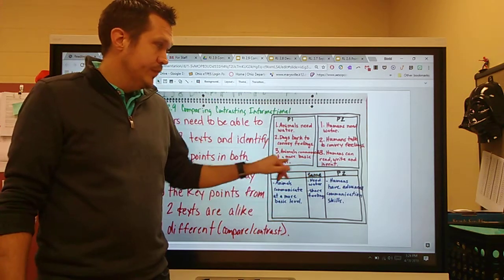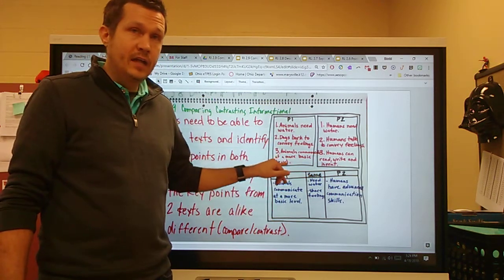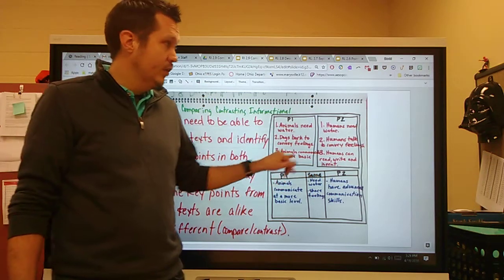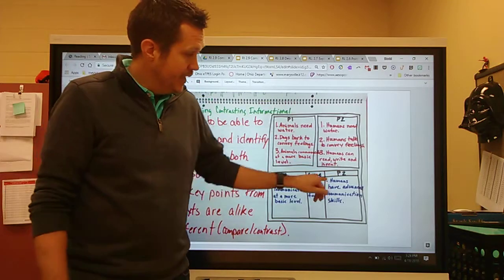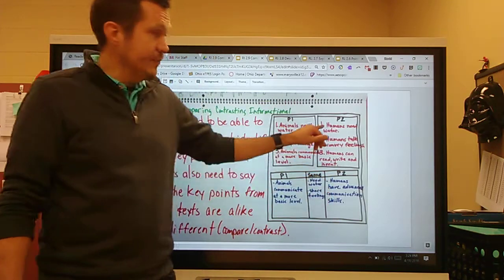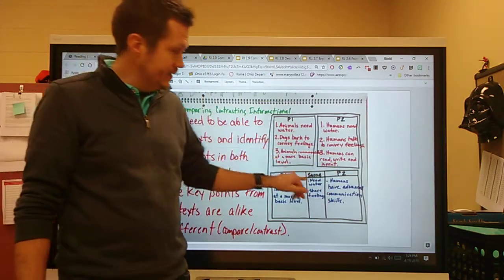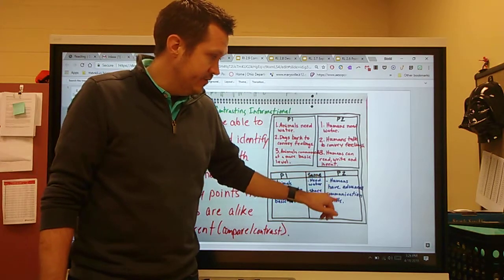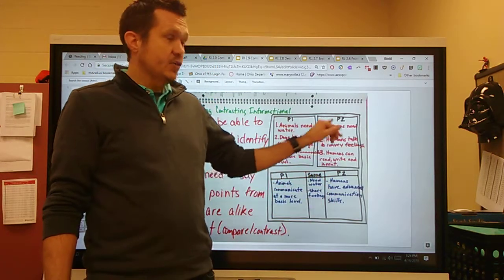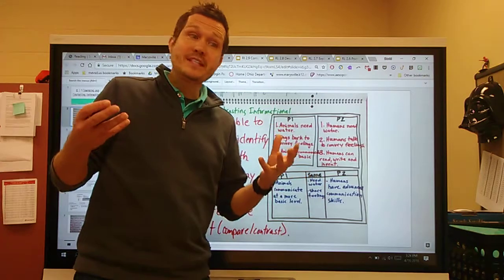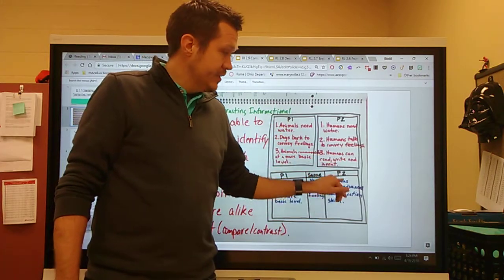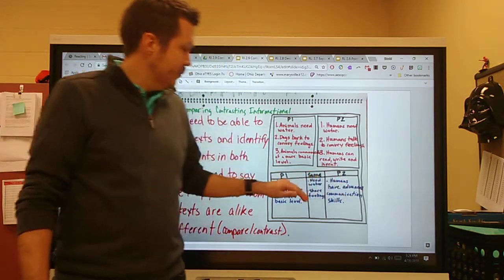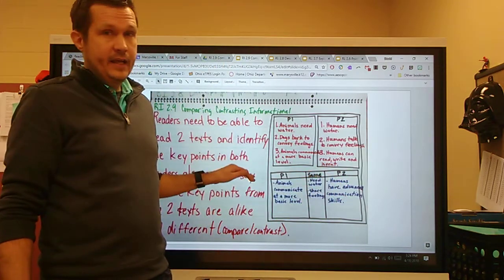Passage 2 doesn't talk about that. Passage 2 has something passage 1 doesn't: it says that humans have advanced communication skills. So I'd write that underneath here, because that's something that passage 2 has that passage 1 does not have.